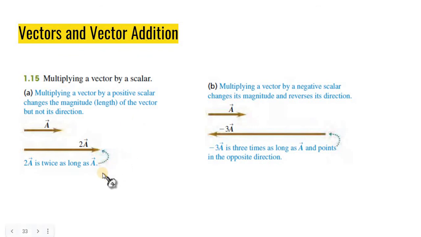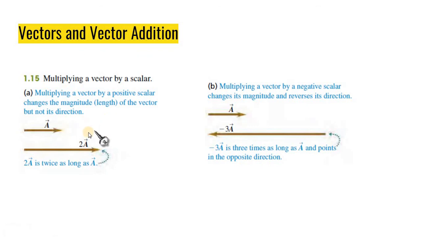If you have a vector, let's say vector A here, and you multiply it by a positive scalar, meaning a number, in this example vector A is multiplied by 2.